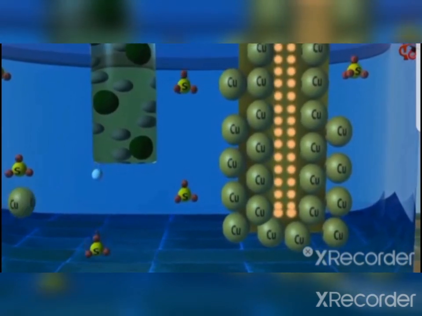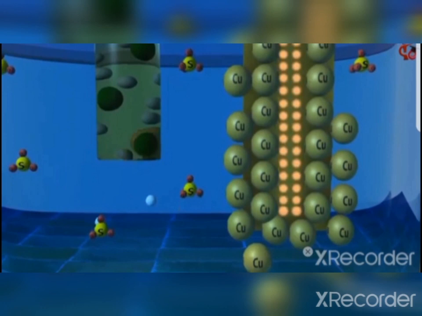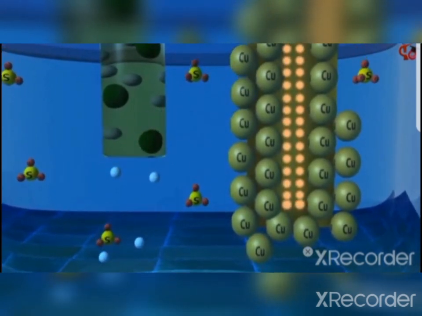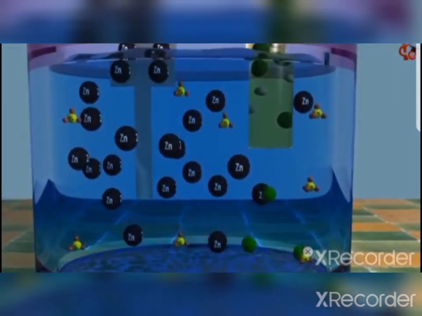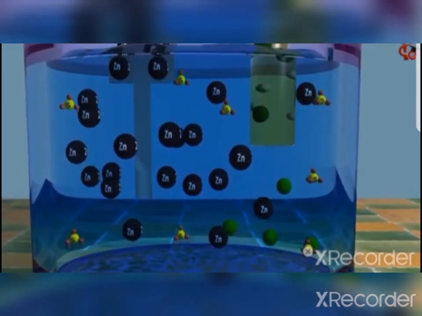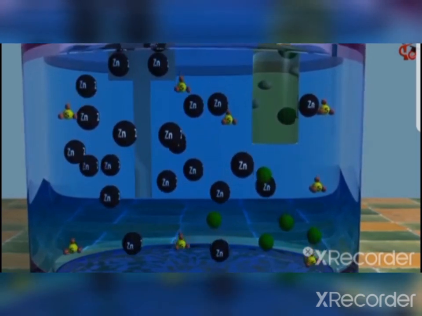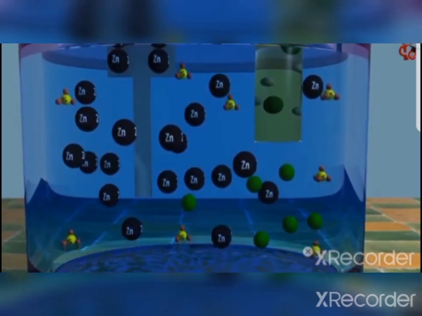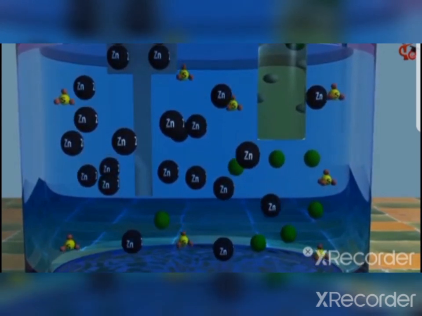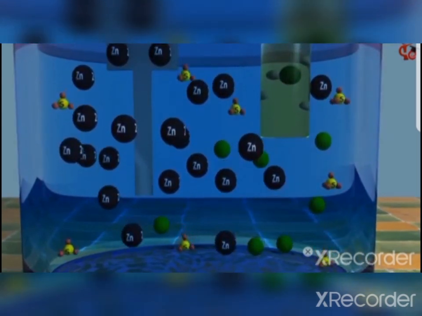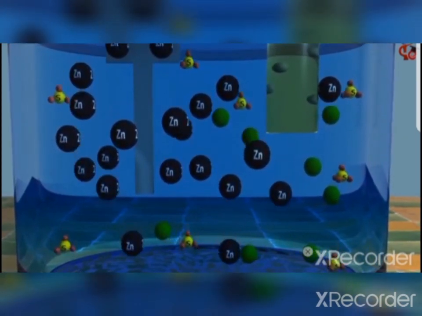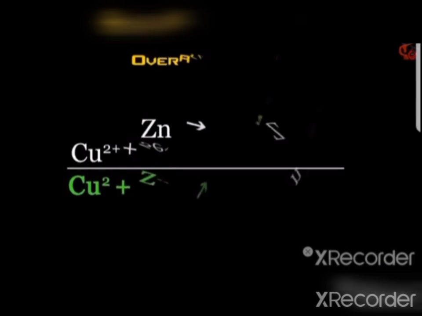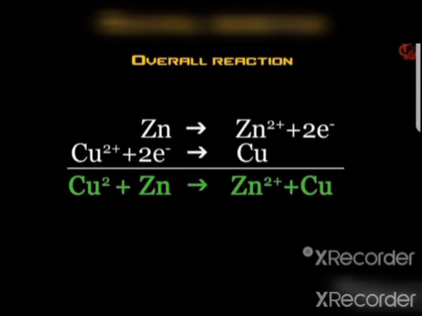Positive sodium or potassium ions migrate into the copper sulfate solution from the salt bridge, while negative chloride ions migrate from the salt bridge to the zinc solution and maintain the neutrality of the solutions. The overall reaction which takes place in the Daniell cell is given below.